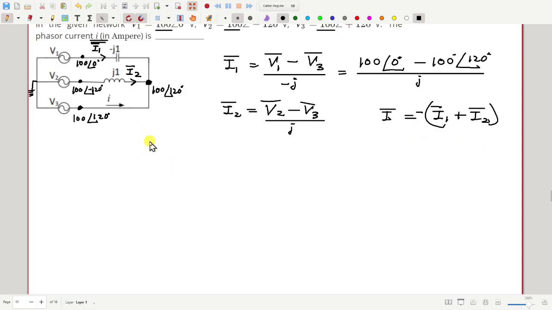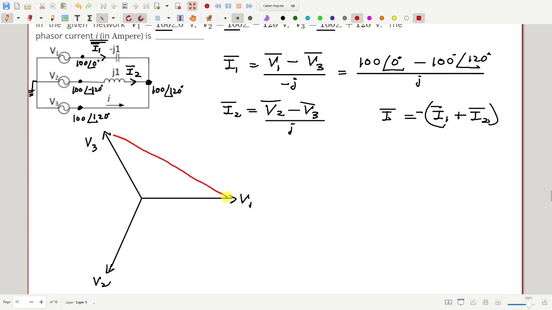Now we have to solve it. So let us use a phasor diagram. Suppose this is V1, this is V2, and this is V3. To get I1, I have to subtract V3 from V1. So V3 from V1 is this one.